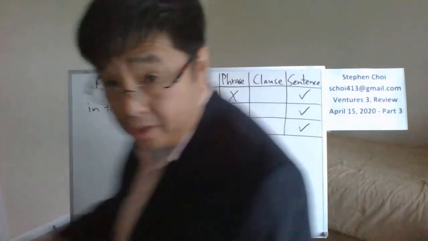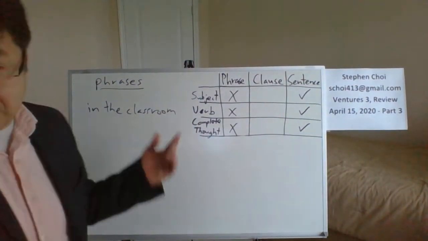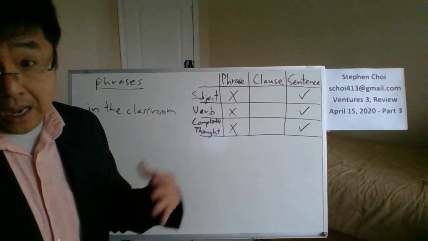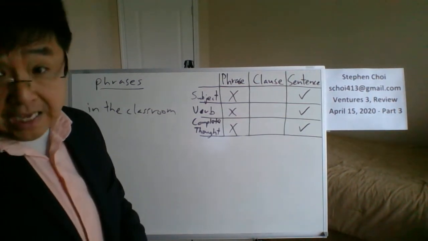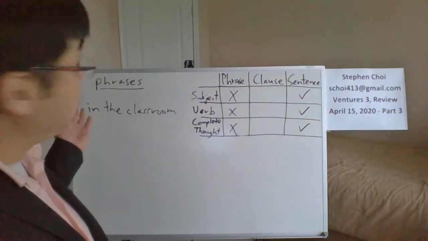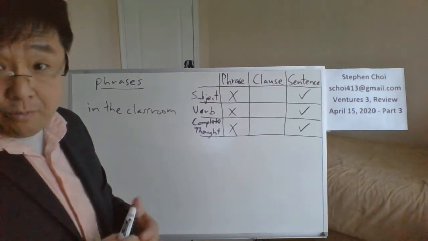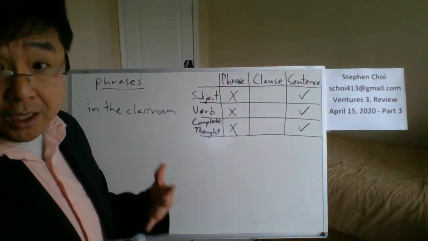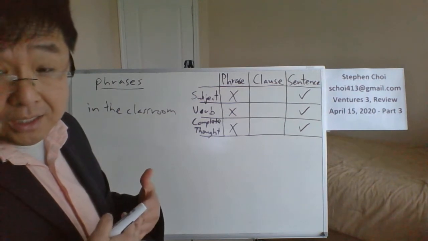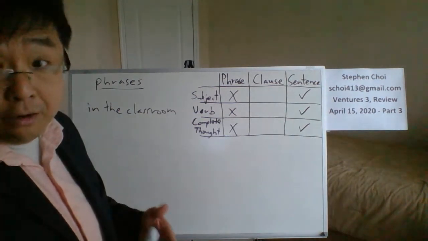Just words. In the classroom, at the house, in the park. Those are all phrases. Remember the sentence I gave you with an indirect object? She cooks me dinner becomes she cooks dinner for me.